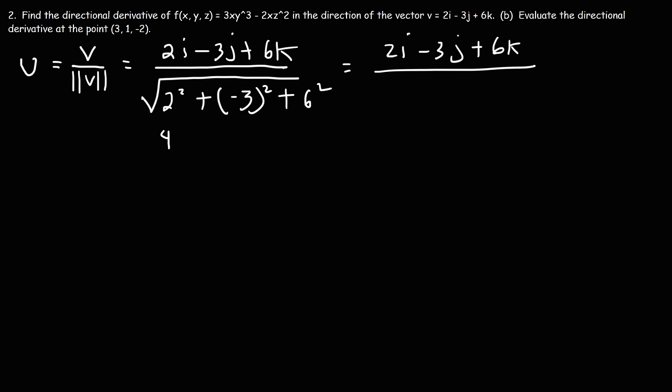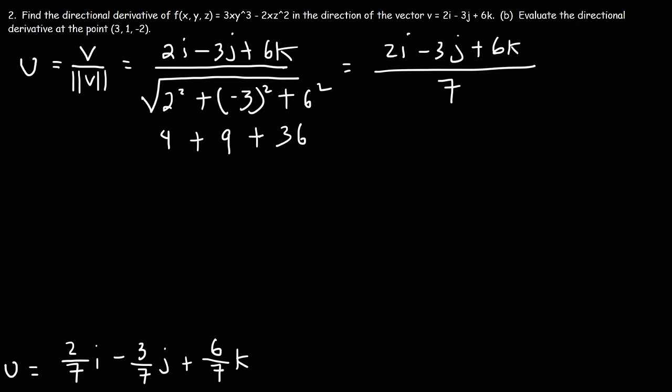Now, 2 squared is 4, negative 3 squared is 9, 6 squared is 36. 4 plus 36 is 40, plus 9, that's 49. So we have the square root of 49, which is 7. So we can write the unit vector like this. It's going to be 2 over 7 times i minus 3 over 7 times j plus 6 over 7 times k.